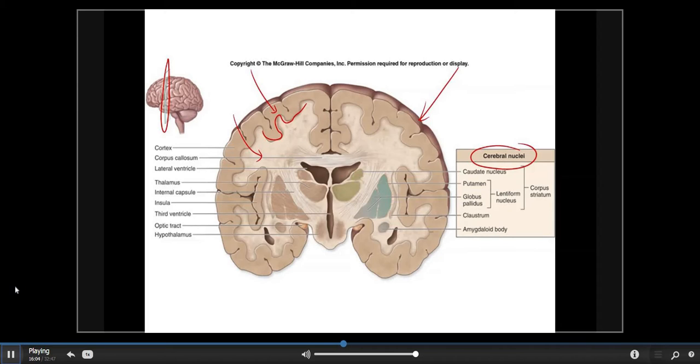Collectively, this is known as the lentiform nucleus. It's shaped like a lens, hence the term lentiform nucleus. And then you have another part, your amygdala, down in that area. You can also see the thalamus in close proximity to the caudate nucleus.